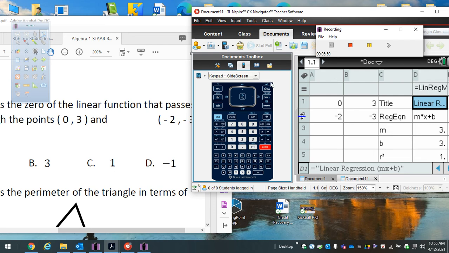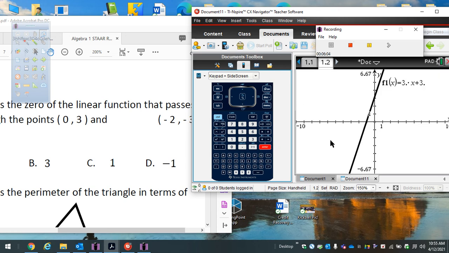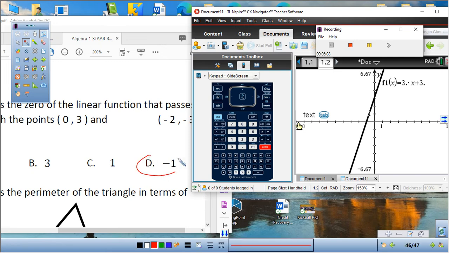I want to go to add, so I want to see the 0, okay? I'm going to control add a document, add the graph. Press up. Change to that one. Graph it. My 0 is a -1. Okay, so 0. Our 0 is your x-intercept.